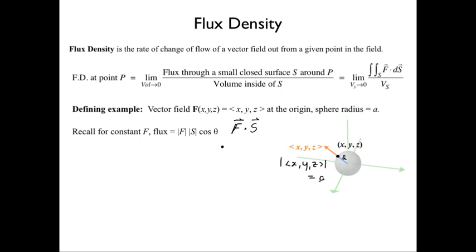So we just end up multiplying A, the constant F for every point on the sphere, times the surface area, 4 pi a squared. Theta equals 0 gives us a flux of 4 pi a cubed.